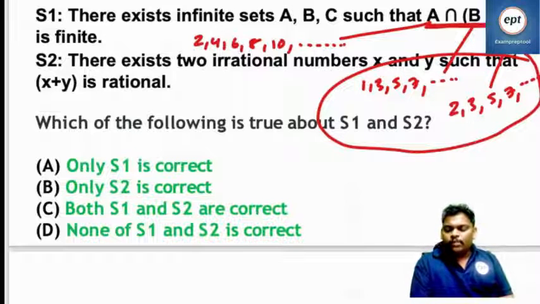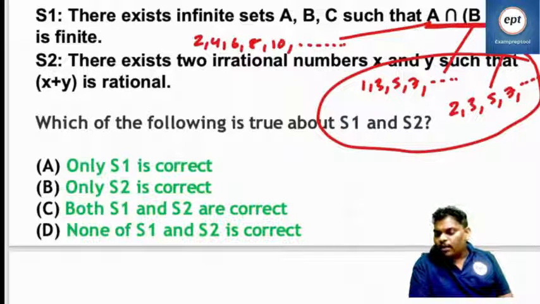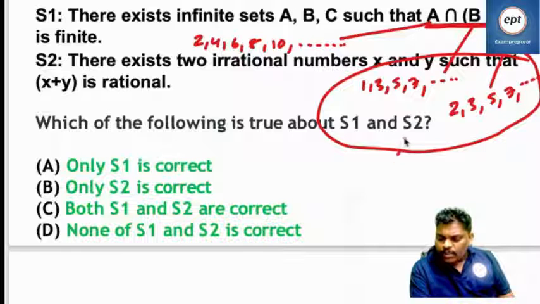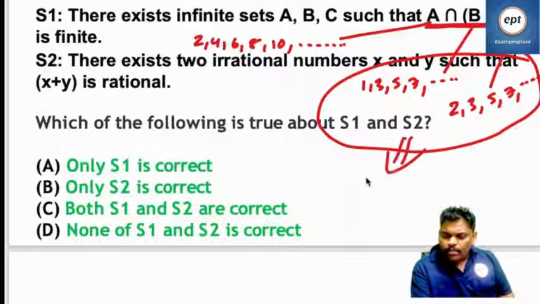A is even numbers, B is odd numbers, C is prime numbers. So odd number union prime number, what is the answer? I think all odd numbers: 1, 3, 5, 7, 9, 11.